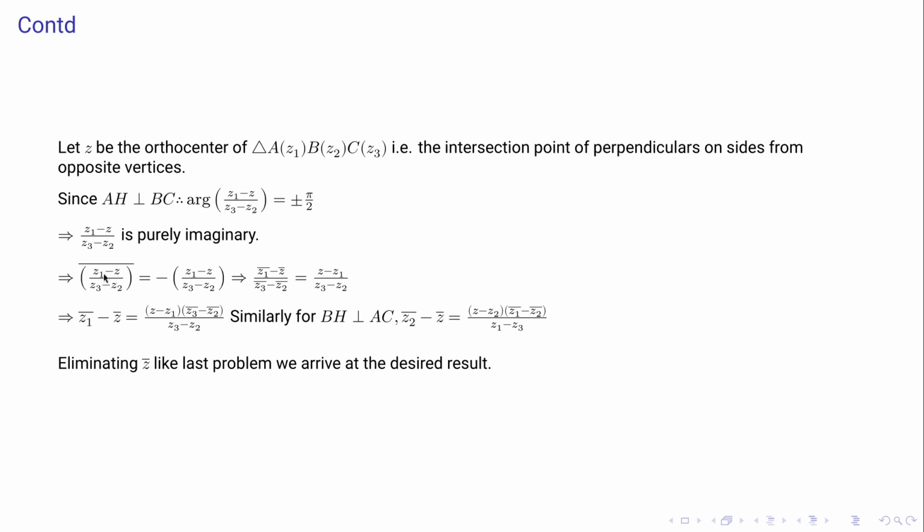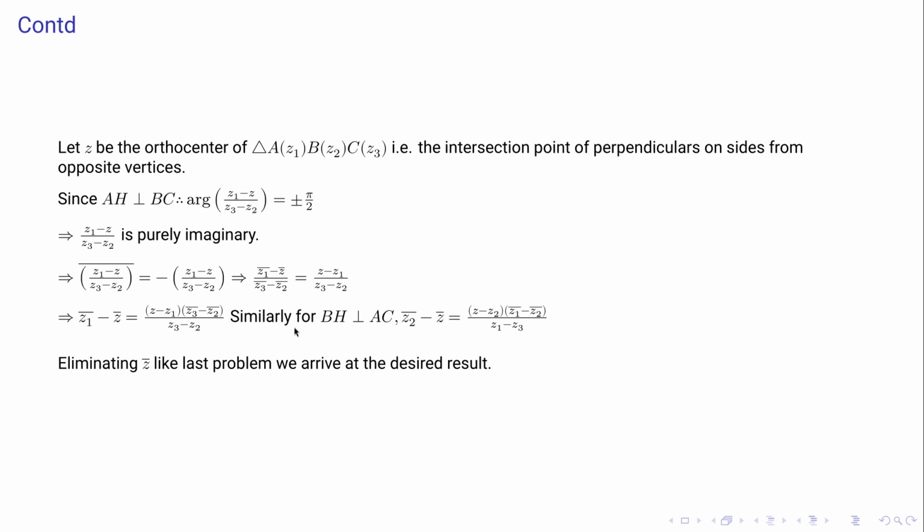Now for that case, we can apply the known formula that the conjugate of this complex number will be equal to minus of that complex number. We have this relationship here, and we then take the bar, remove the bar and apply it to individual numbers, and we arrive at this. From here you can arrive at the relationship Z1 bar minus Z bar is equal to (Z minus Z1) into (Z3 bar minus Z2 bar) by (Z3 minus Z2).